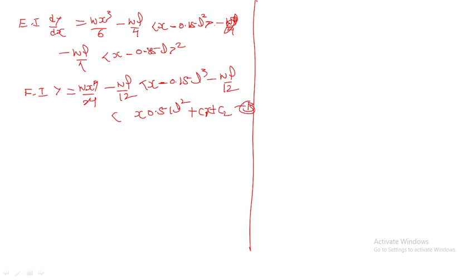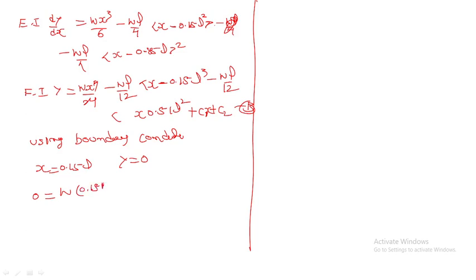Now using boundary conditions. It will go very long, but at x equals 0.15L, y equals 0. So 0 equals W(0.15L)⁴/24 minus WL/12 (0)³ minus WL/12 ⟨0.7L⟩³ plus 0.15L C1 plus C2.